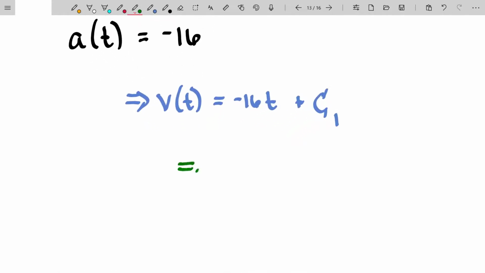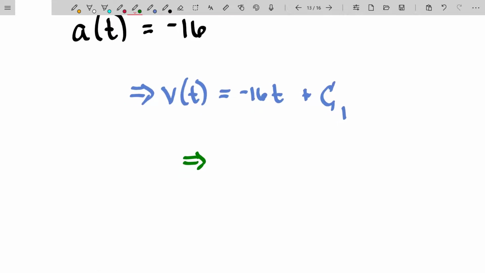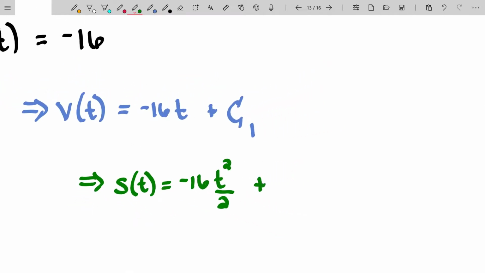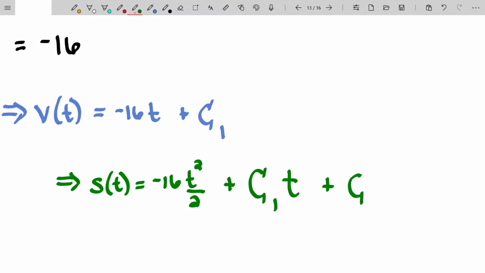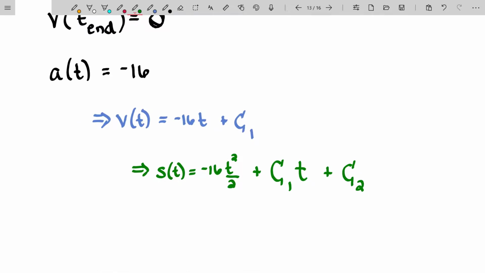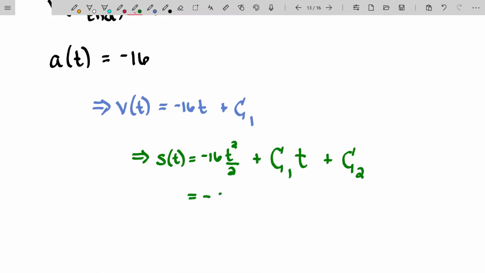The position function should equal the antiderivative of -16 t, so -16 times the antiderivative of t, which is t squared over 2, plus the antiderivative of c sub 1, which is c sub 1 times t, plus the next constant because of our antidifferentiation. And I could clean that up, so I will. I'm going to write that as -8 t squared plus c sub 1 t plus c sub 2.